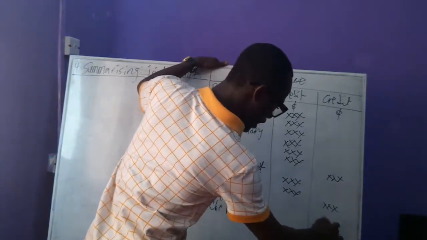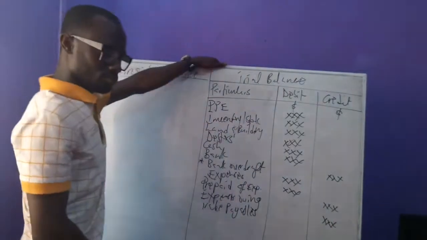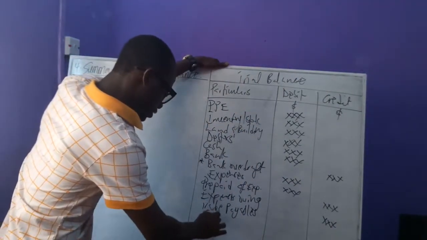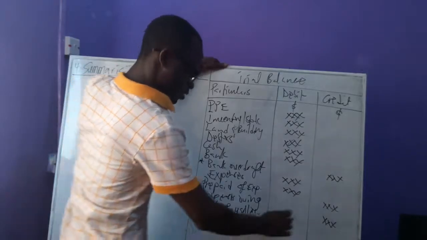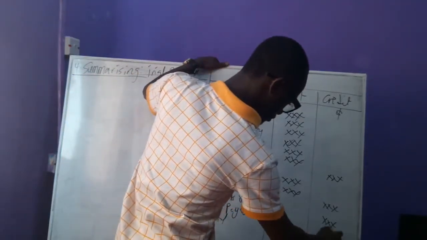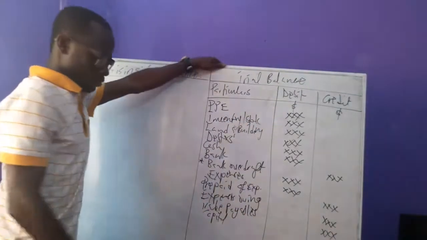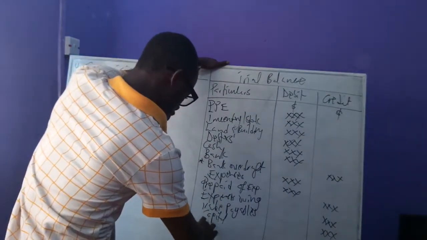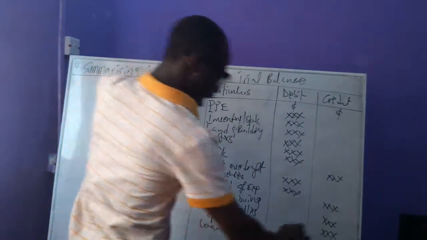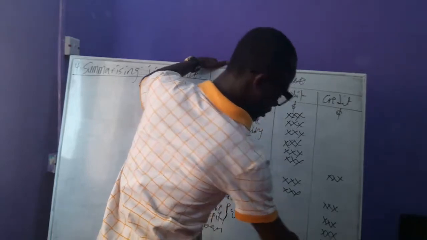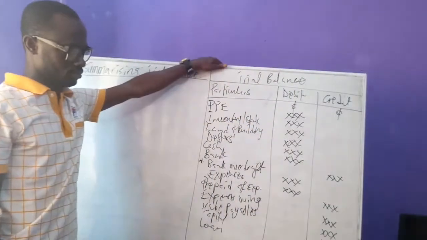You should know that by now. Right? Capital account keeps credit balance. Loan is a liability, keeps credit balance.